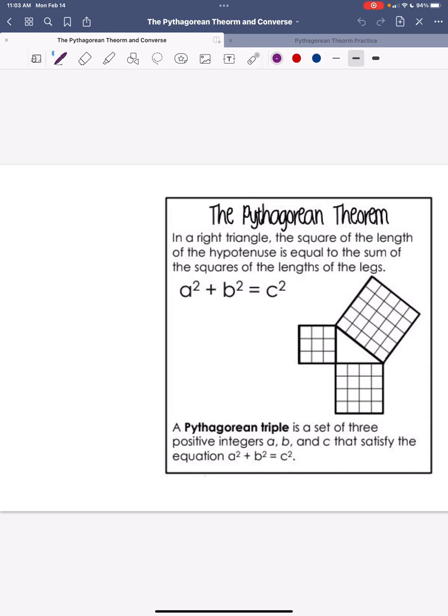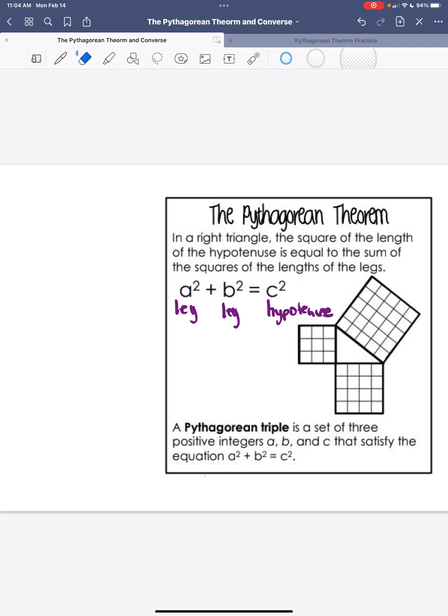So I'm going to make a little note under A squared that this is a leg, and B is always going to be a leg, and then C is always going to be what we call the hypotenuse. And the hypotenuse is going to be the longest side of the right triangle.